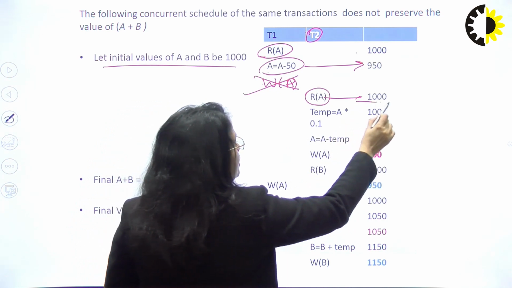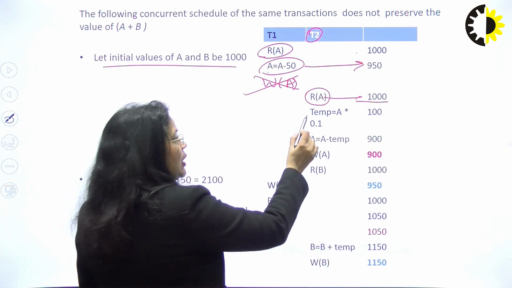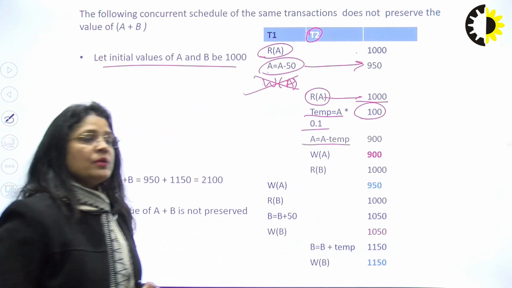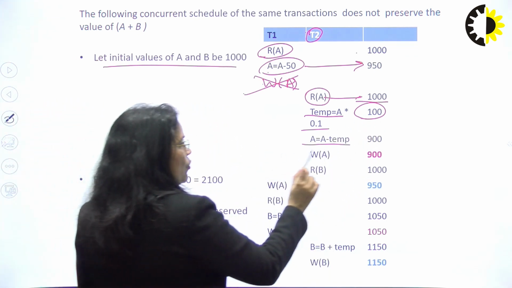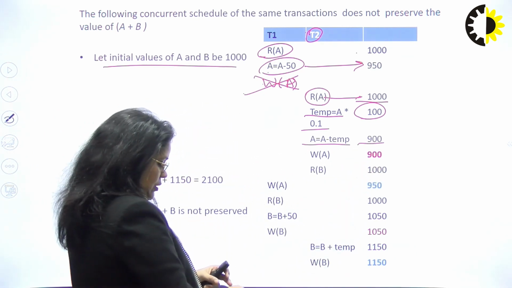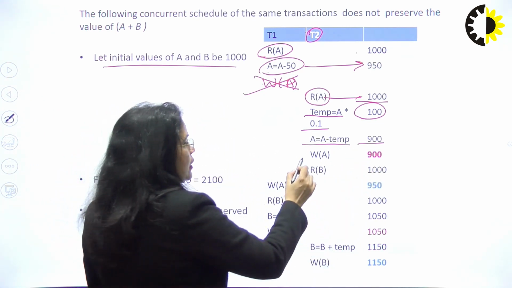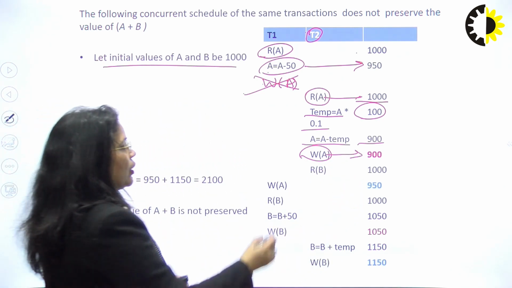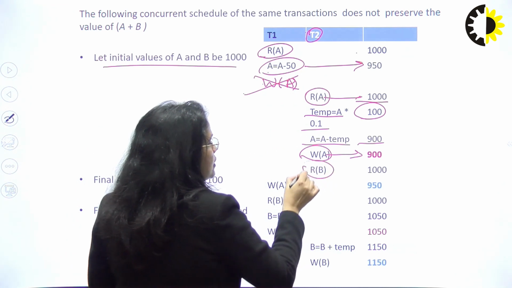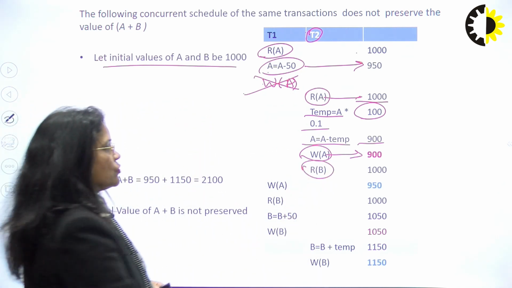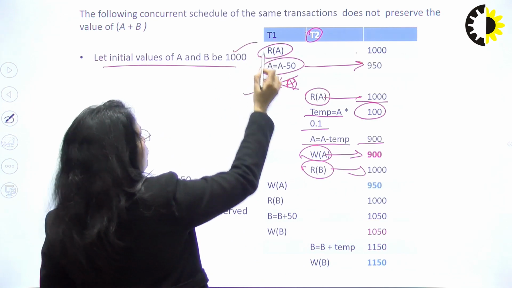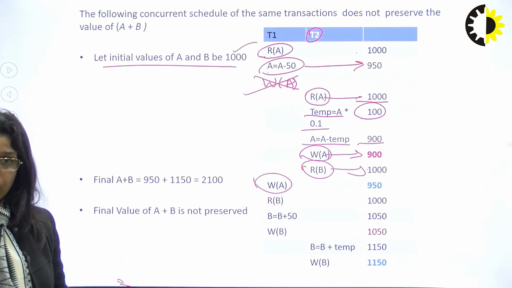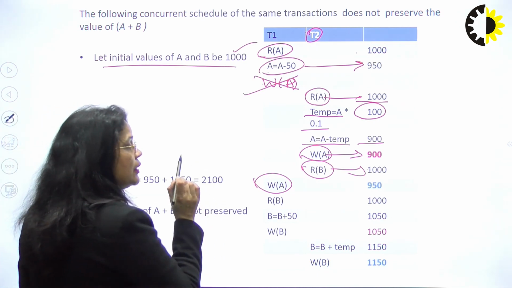So it is reading the incorrect value, and then the temp calculation has been done on the incorrect value, and after that temp is reduced from account A, so it comes to 900, right? Then that 900 is written in account A as a final value, right? Okay. Now transaction T2 is reading account B. So what will it read? As we have given the initial value 1000, it will read 1000. Now if we are writing A here, what will be written?